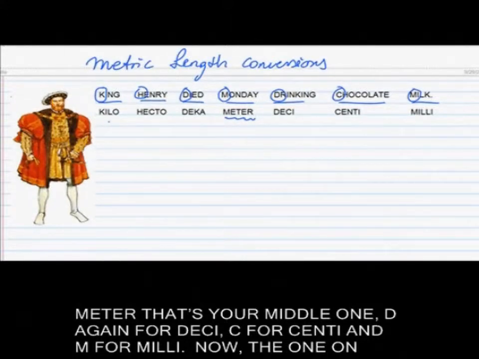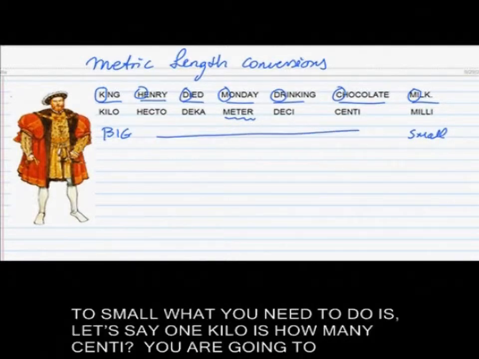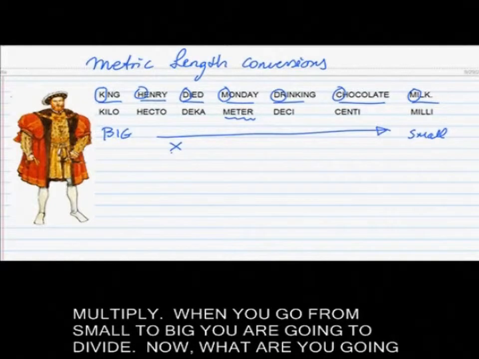Now, the one on the left is the big unit. The one on the right is the small unit. So when you go from big to small, let's say 1 kilo is how many centi, you're going to multiply. When you go from small to big, you're going to divide.